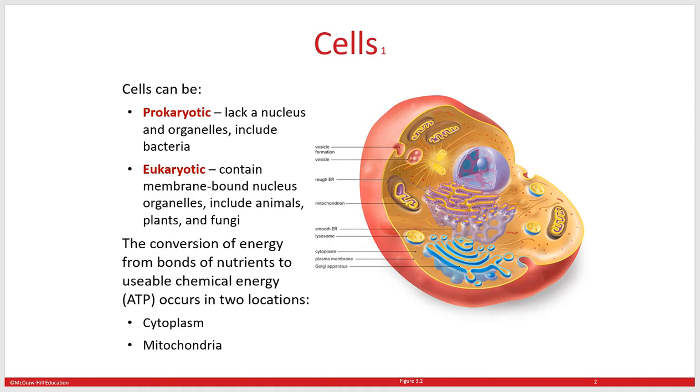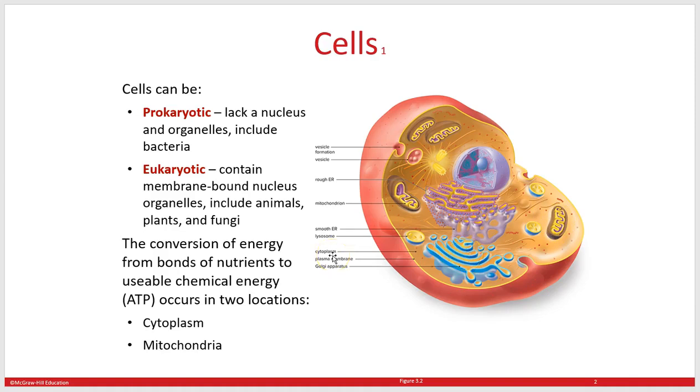So plants, fungi, protists, and animals are all eukaryotic. They have things inside of them, like a membrane-bound nucleus, which we can see here, and organelles like mitochondria, endoplasmic reticulum, Golgi bodies, all of these things.